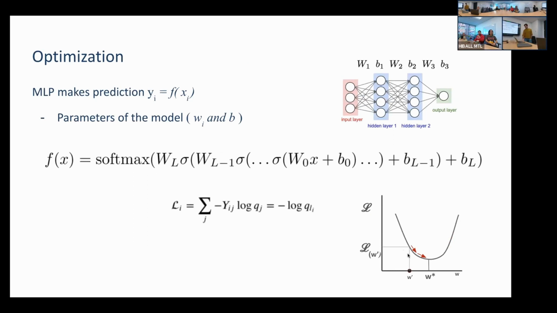What it means is that it calculates the slope of this curve at the beginning with respect to this parameter, and moves in the opposite direction of this gradient. If it goes along the direction of the gradient, it will actually go up. So we want to move down, so we move in the opposite direction of the gradient of the loss. And if you keep doing this over and over, we will reach the minimum.